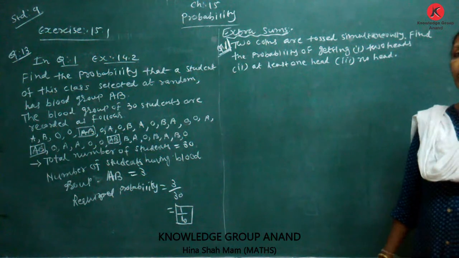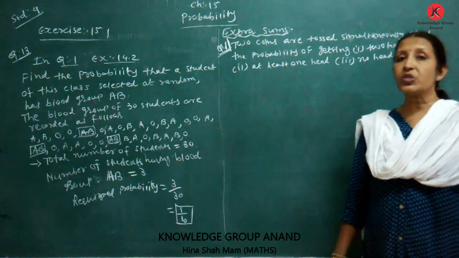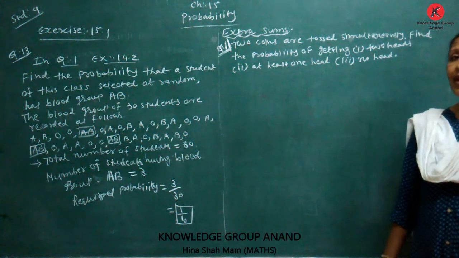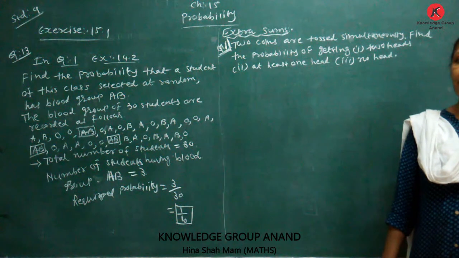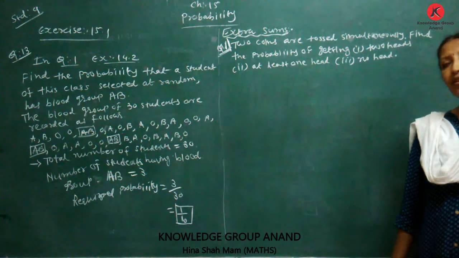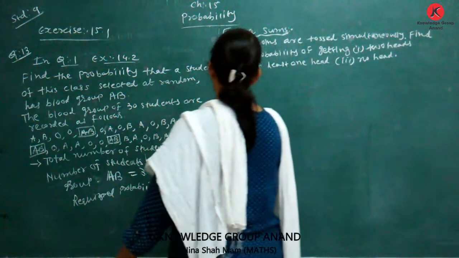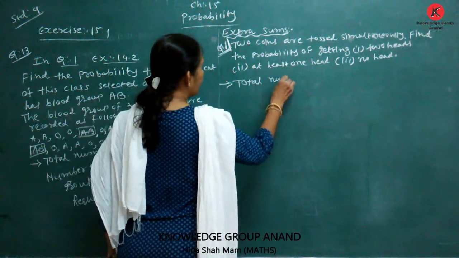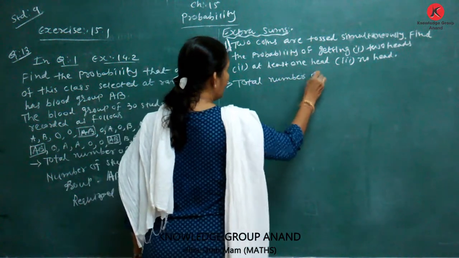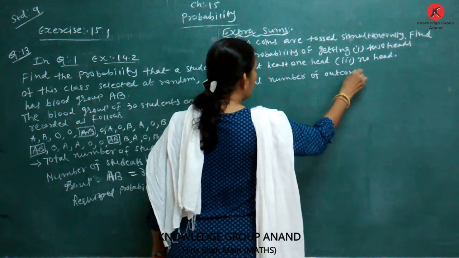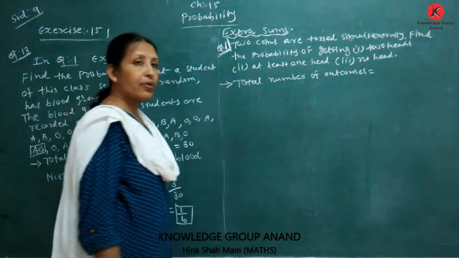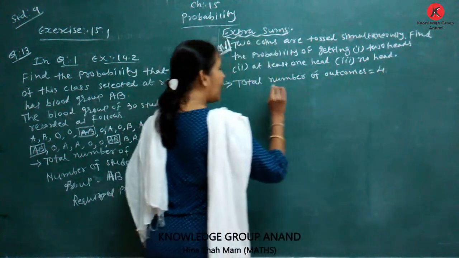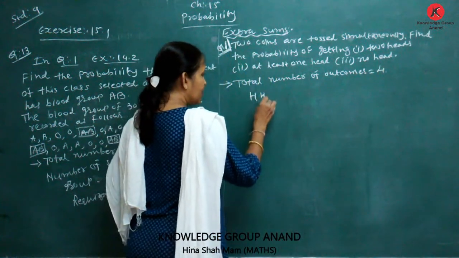Suppose we toss 2 coins, or 1 coin tossed 2 times. Then we get 4 events. Which are they? HH, HT, TH or TT. Total number of outcomes, total number of trials, is equal to 4.